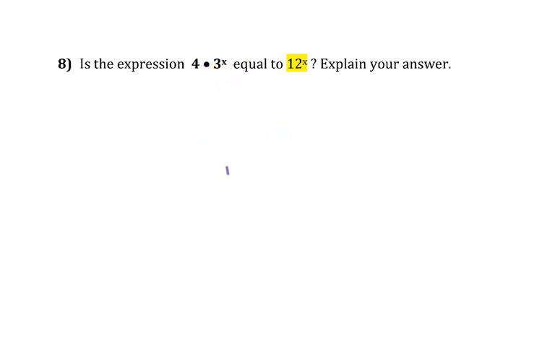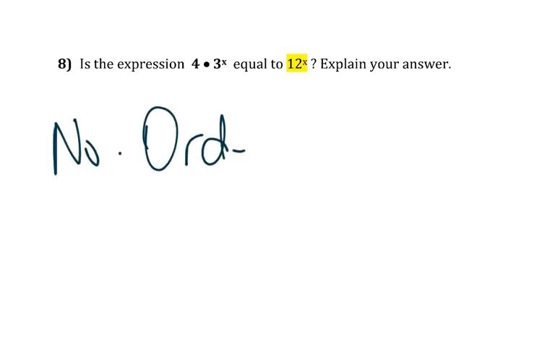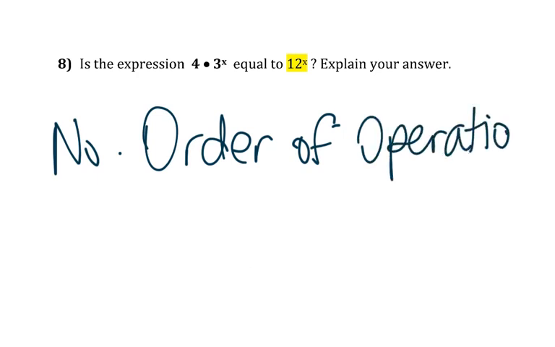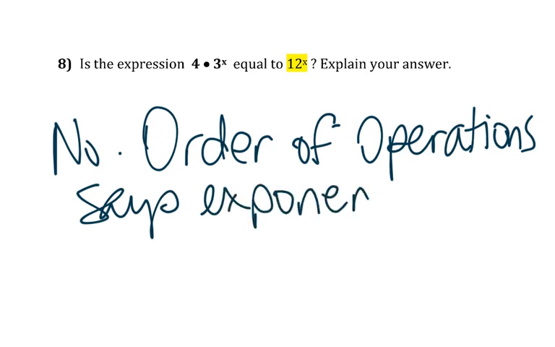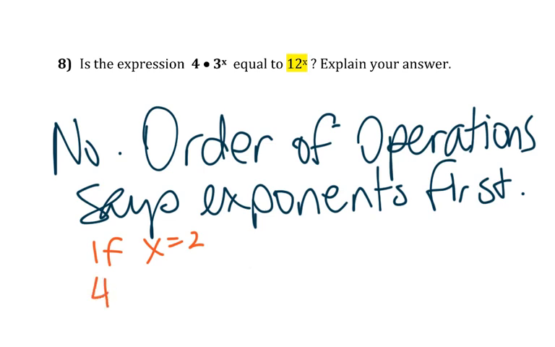So really, this comes down to order of operations. Okay, so that's one way you could explain it. Or like I said, you could say if x is equal to 2, then 4 times 3 to the second power, which is 36, is not equal to 12 to the second power, which is 144. That's also an explanation, so you could do either one of those.